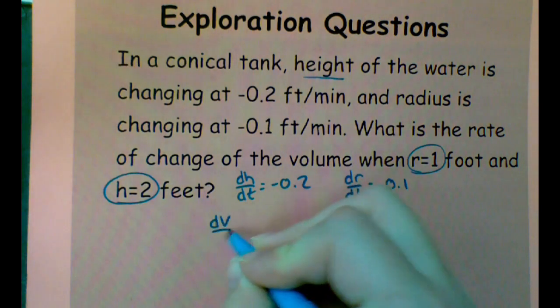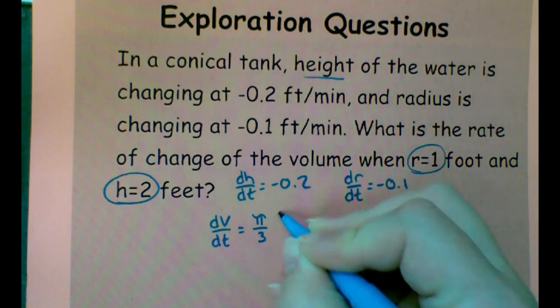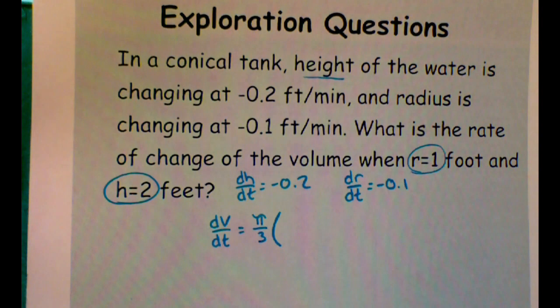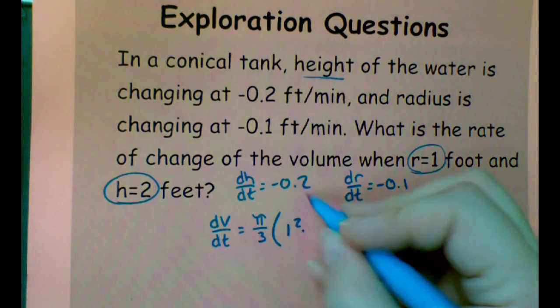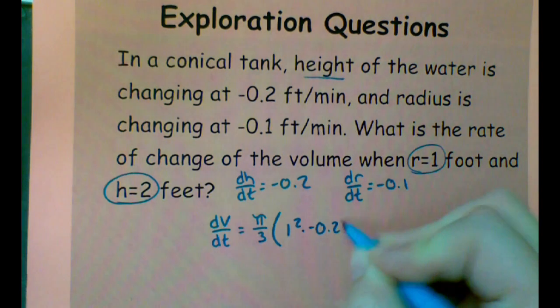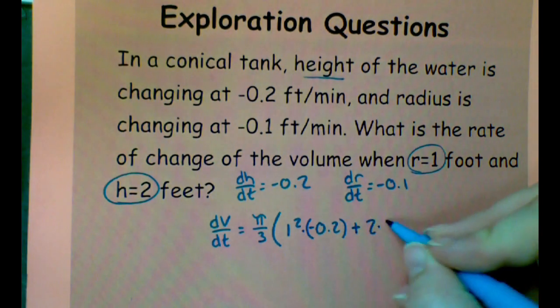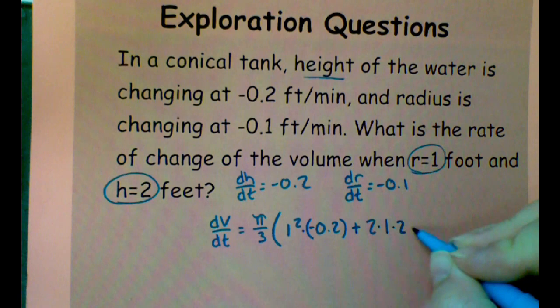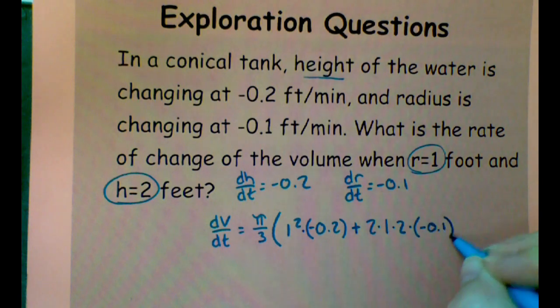So dV/dt equals pi over 3 times, our formula just said r squared, so 1 squared, times dh/dt, which is negative 0.2, plus 2 times r, which is 1, times h, which is 2, times dr/dt, which is negative 0.1.